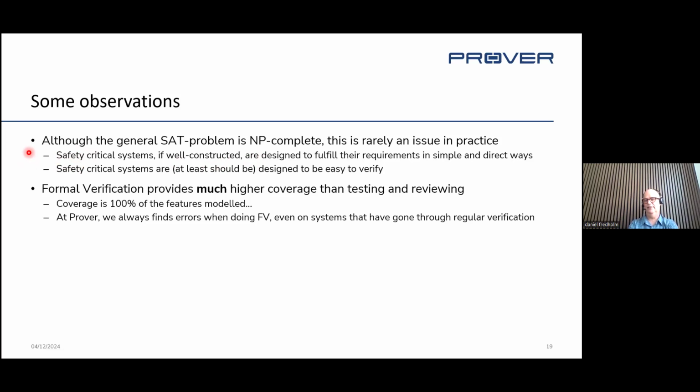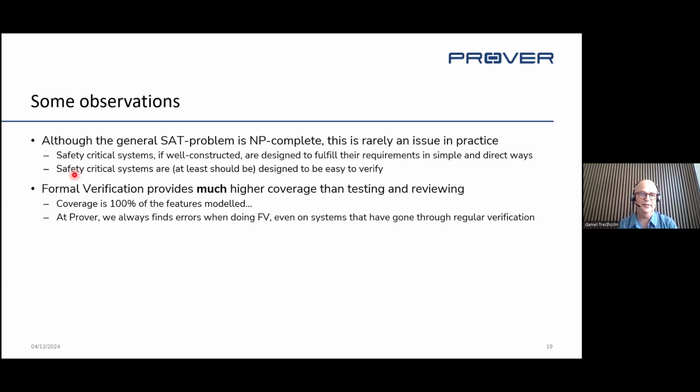Safety critical systems are usually not complicated in their constructions. If something is supposed to be checked when a variable is assigned true, then you usually check it directly, not in a roundabout way by relying on some kind of invariances indirectly.